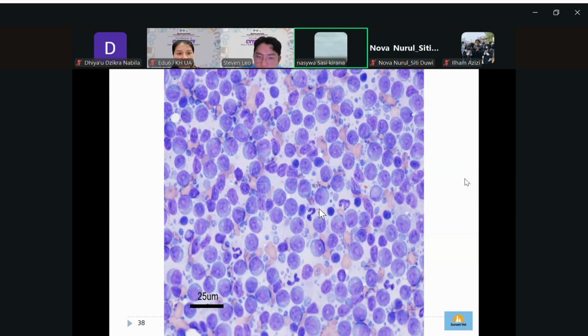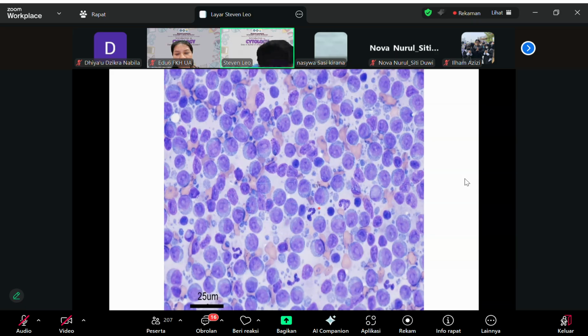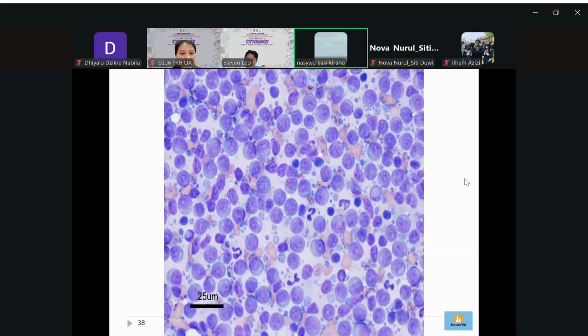Is there a vacuole in the cytoplasm? Is there any vacuole or not? Yes or no?